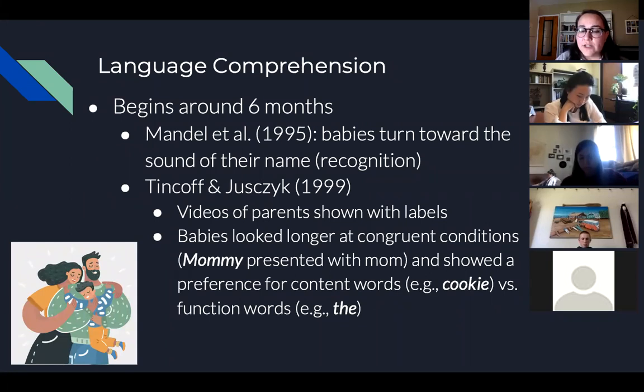They paid more attention to what are called content words, essentially nouns, like cookie, mommy, play, shoe, versus function words in a sentence, things like the, is, but. Babies didn't really care about that. And so again, this is evidence that suggests that around 6 months, this is when their ability to understand language is starting to come online.